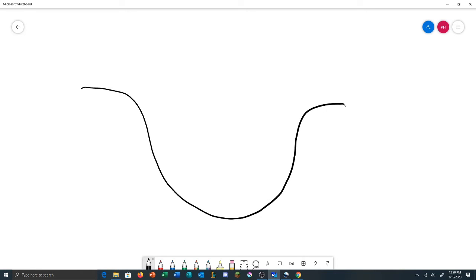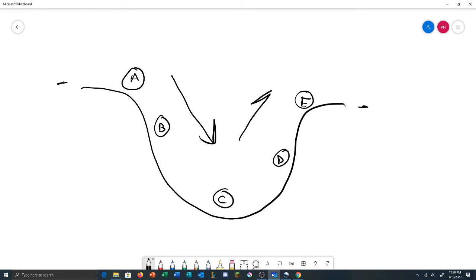Well, in this scenario, we're going to be looking at this U shape. Keep in mind that this side is higher than this side. The left is higher than the right. So, if you have ball A here, ball B here, ball C, ball D, and ball E, assuming it travels down this way and up that way, that's the direction the ball's moving.